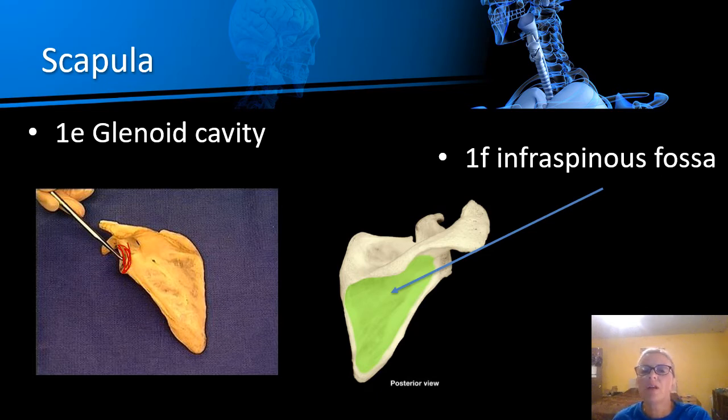And then we have the infraspinous fossa. A fossa is a depression, almost kind of like a mud hole. It kind of sinks down, like a sinkhole, but not very deep. Infra means below, so it's a depression below the spine on the scapula.